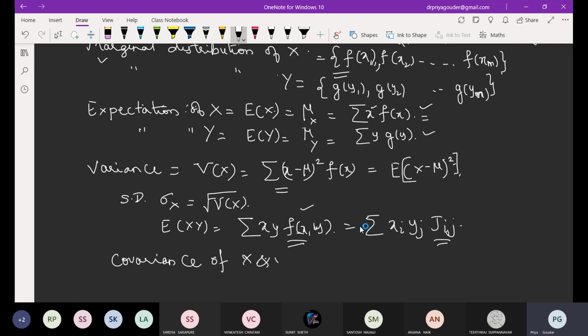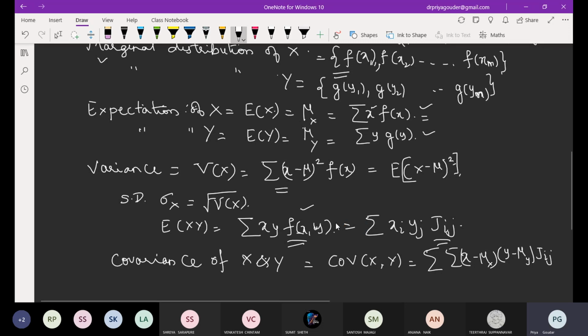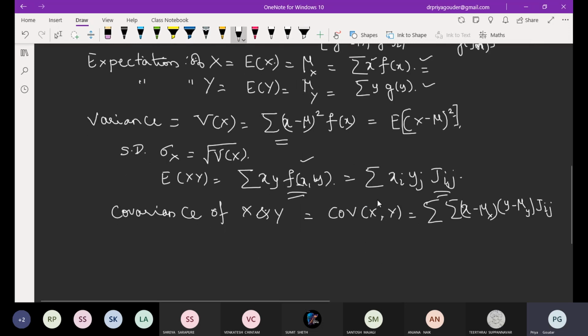Covariance of x and y is denoted as COV of capital X comma capital Y. This is given by summation of x minus mu x, y minus mu y, J ij.